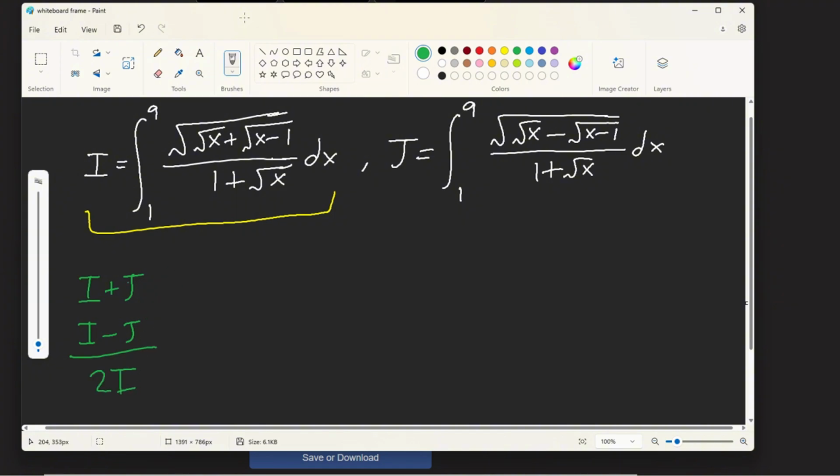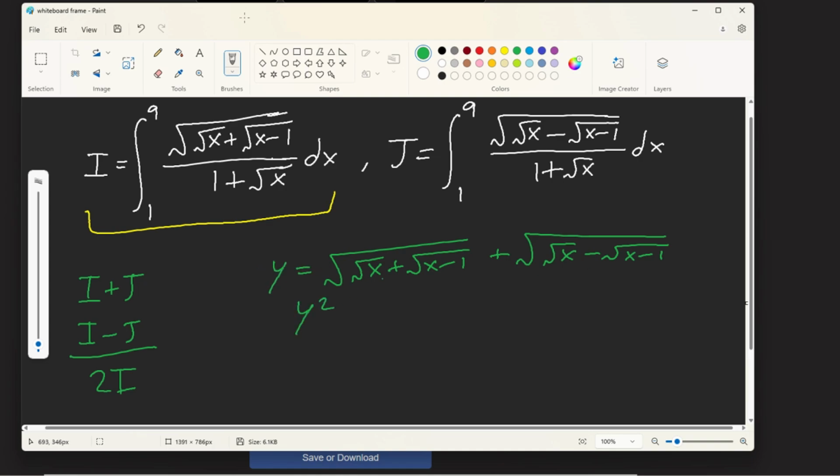The reason we want J is that if you add I and J, these two radical functions can cancel each other out.